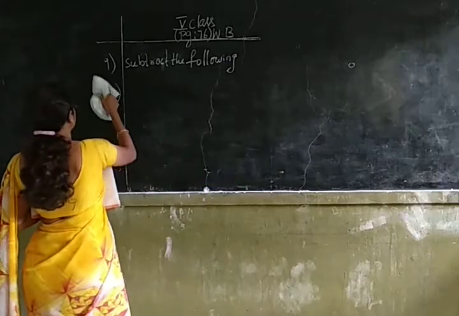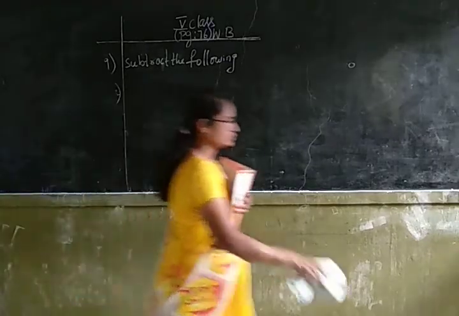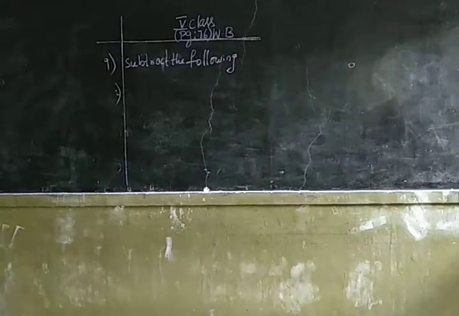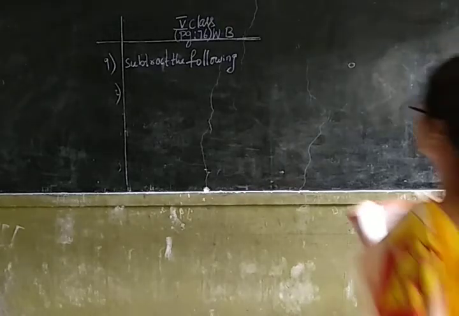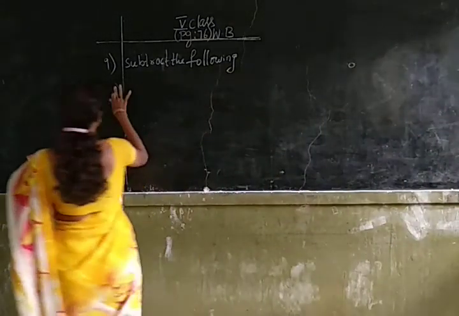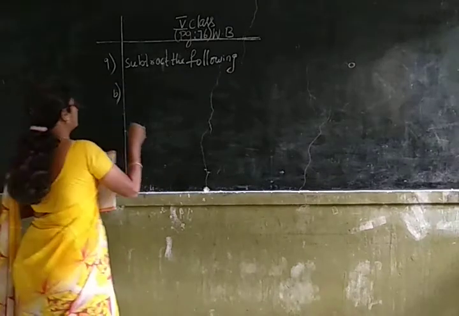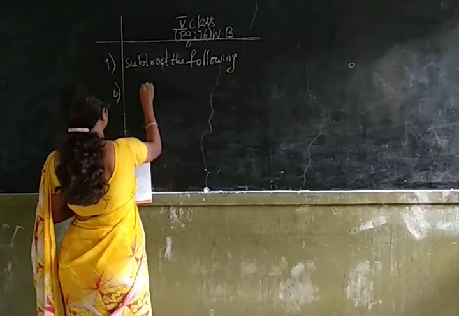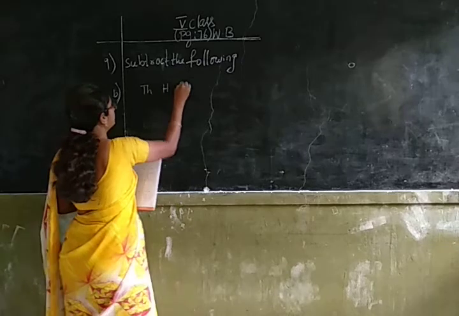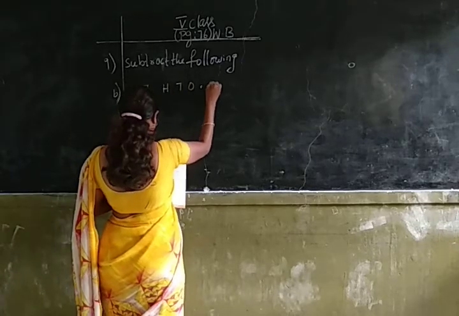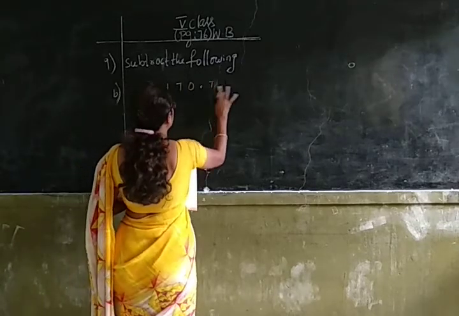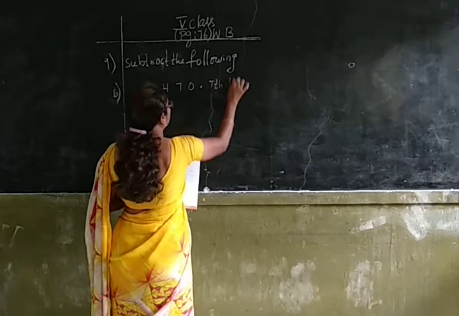Okay children, let us do the B sum. First, let us write down the places: thousands, hundreds, tens, ones, tens, hundreds.